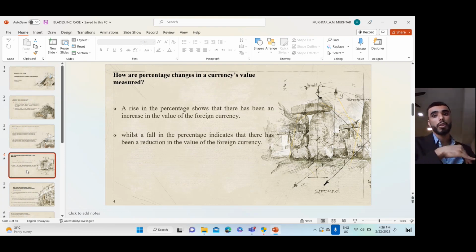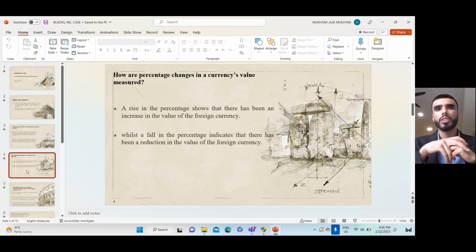So when I'm importing products, there is a currency issue. The currency is not like before. When you exchange currencies, there's a big difference, which is a gain, higher in value, of other foreign currencies.